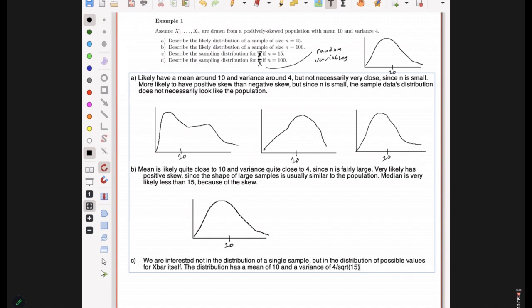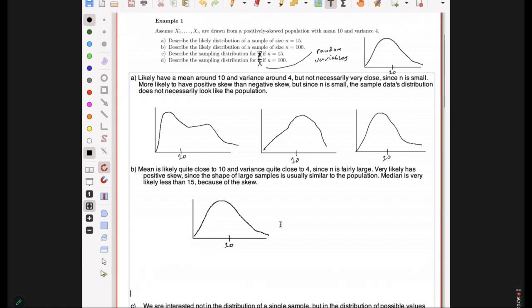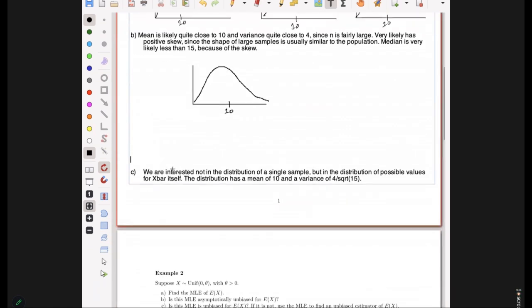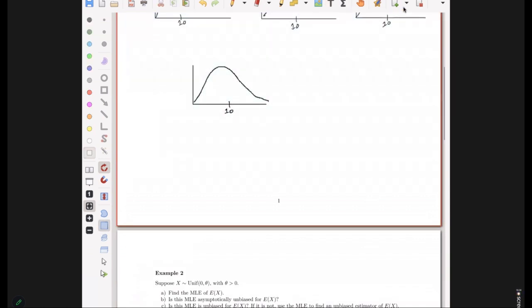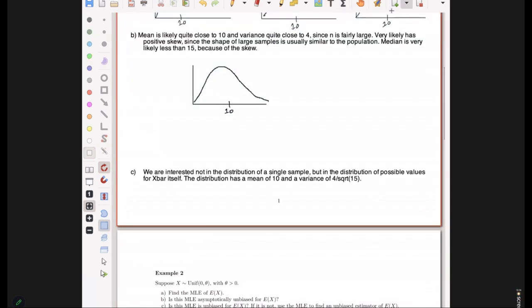Because of some facts about sampling distributions.